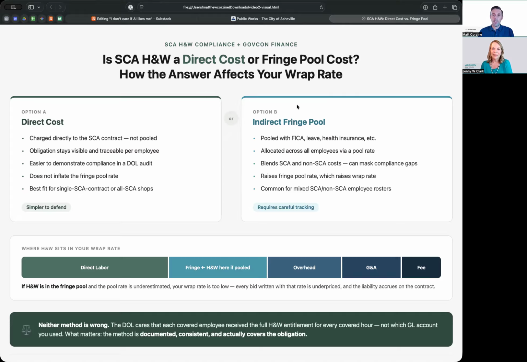And so the easier that you can make your explanations, in terms of the spreadsheets or the reports that show compliance, the better your audit is going to go. Because oftentimes there's no harm being done. It's just a situation where the contractor needs to demonstrate compliance in a really clear and consolidated way, and there's good ways to do that.